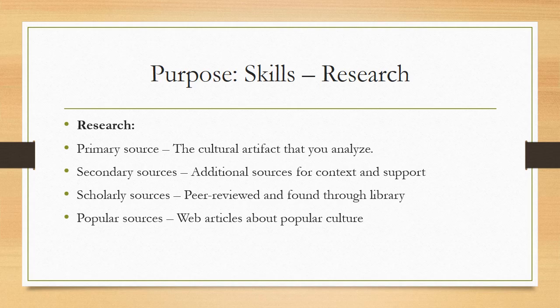So the two examples we're going to look at in the second half of the lecture are popular sources. They're not scholarly sources. And most of the time you'll find that professors will ask you for your secondary sources to be scholarly sources. So you need to get some practice with that, and you'll get even more when you take English 201.